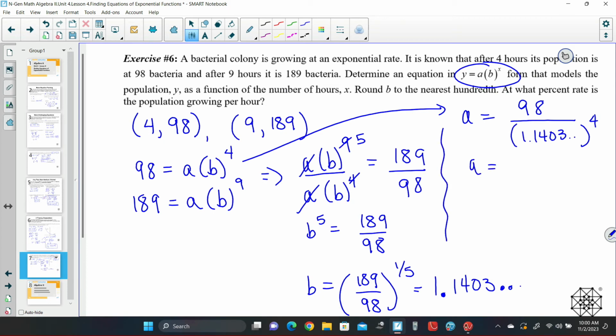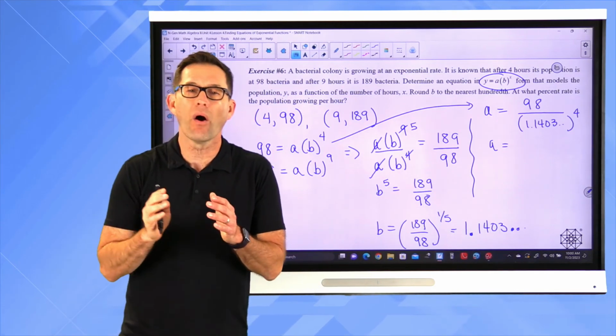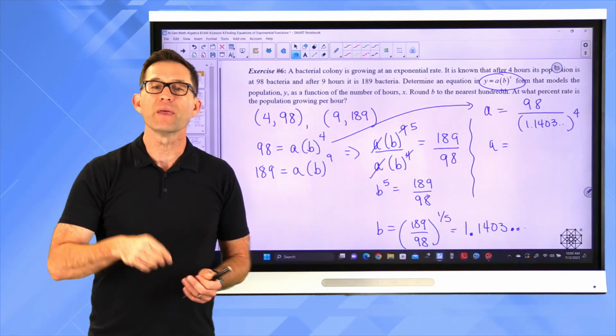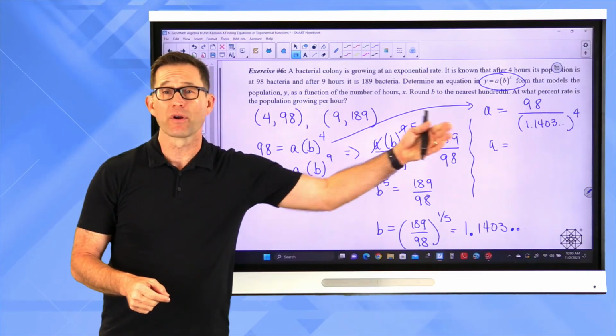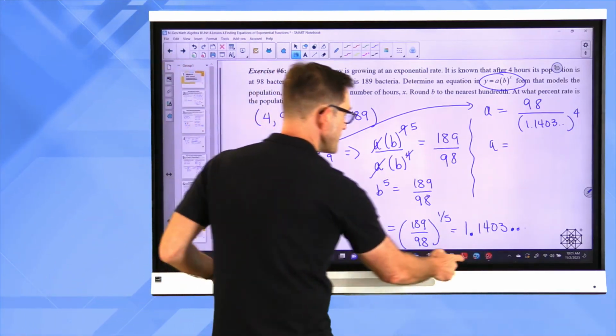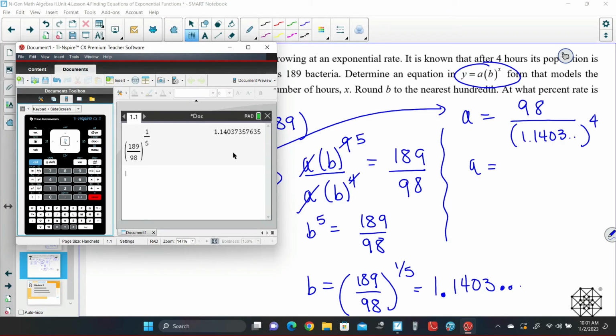The beautiful thing is that since we always find a immediately after finding b, I can literally say, hey calculator, tell me what 98 divided by my answer to the 4th is.